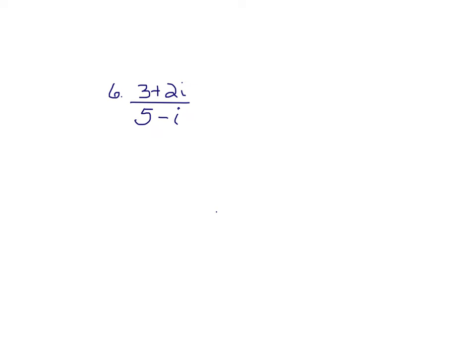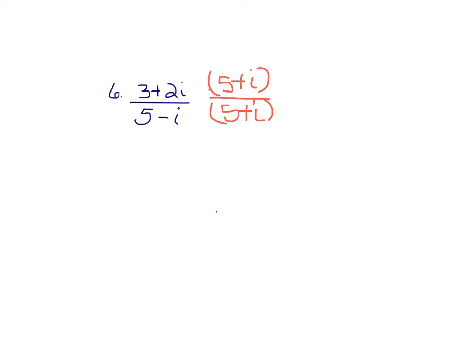So in order to get rid of that i from the denominator, I have to multiply the top and the bottom by its conjugate. So I'm going to multiply 5 plus i over 5 plus i. And now I have 2 FOIL questions here. I need to FOIL the top and I need to FOIL the bottom.